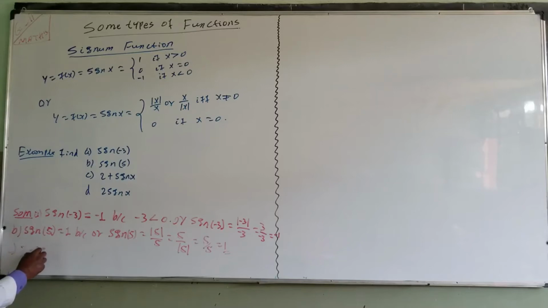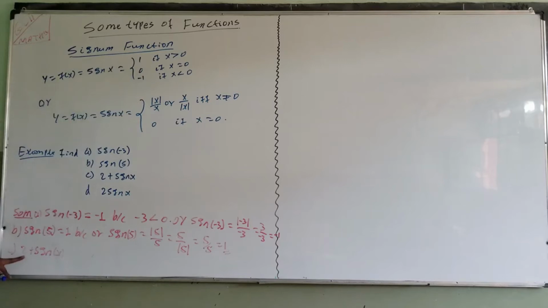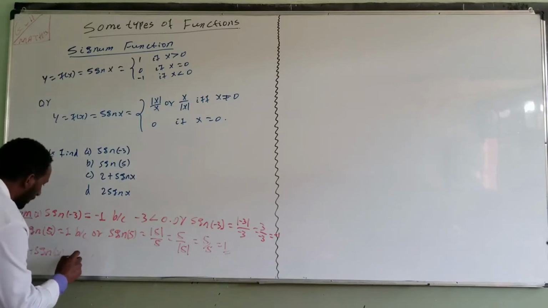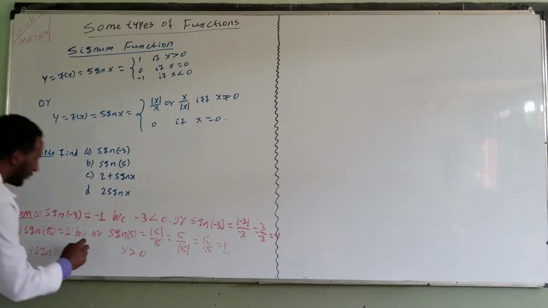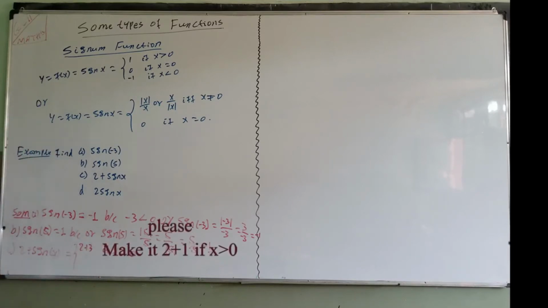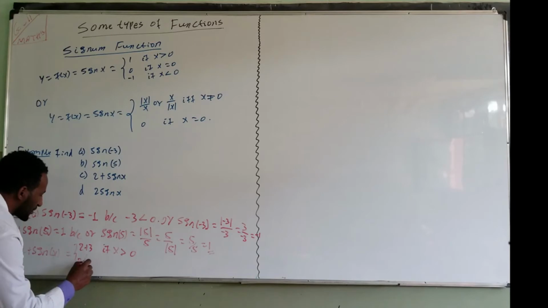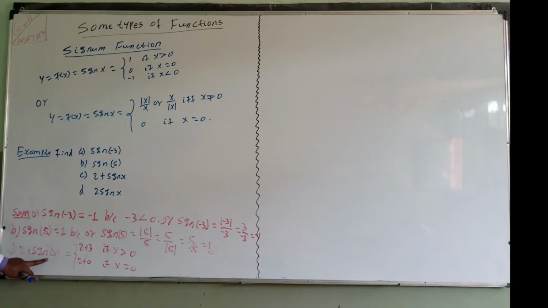And when we find 2 plus signum x, we know by definition the value of signum x is 1, 0, and -1. Then we have to add 2 on the value of signum x, which is equal to, when x is greater than 0, signum x is +1, therefore we have 2 plus 1 if x is greater than 0, and 2 plus 0 if x is equal to 0, because if x is equal to 0, signum of x is 0.